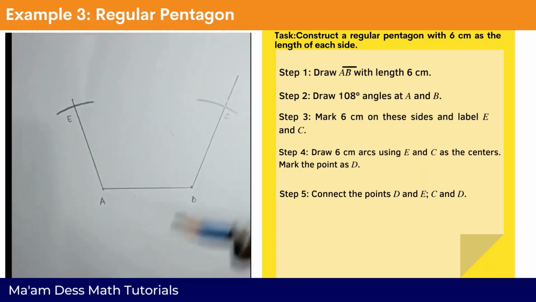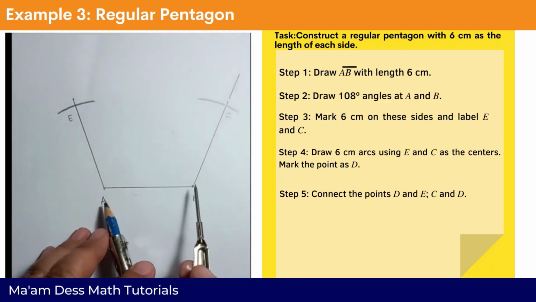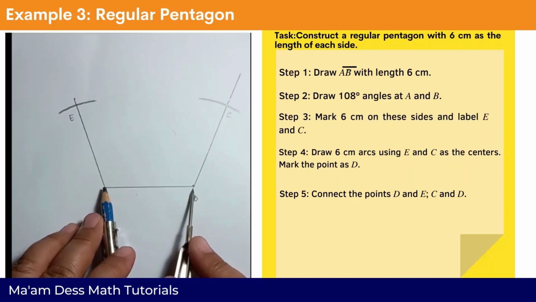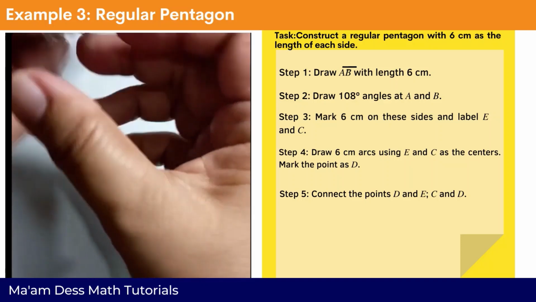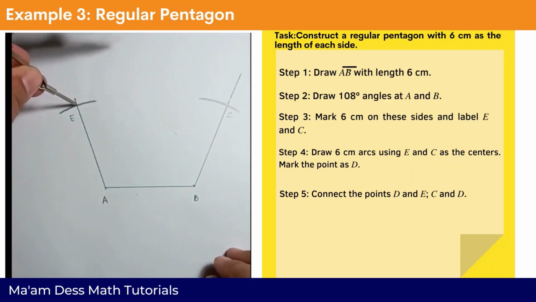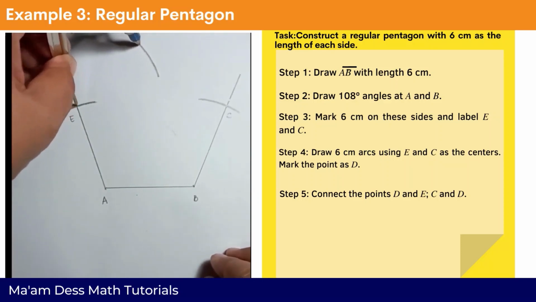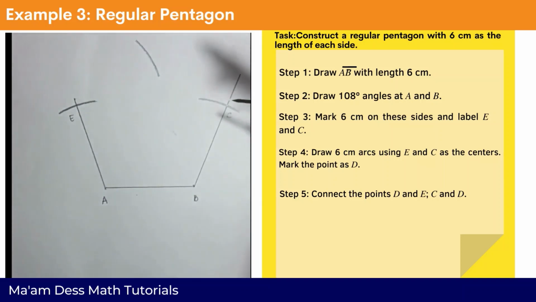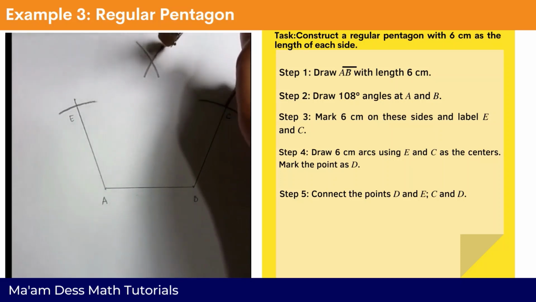Next, same setup. So again, it must be 6 centimeters. Okay. So same setup. So from point E, make an arc. And then from point C, make an arc again.